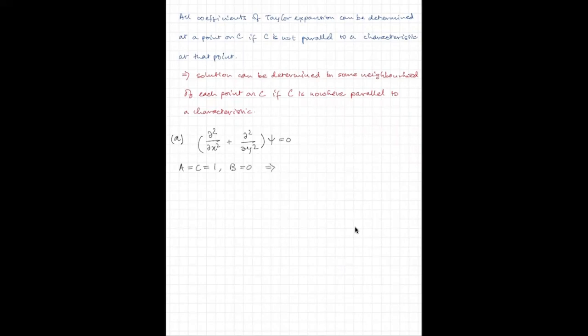So B squared minus AC is equal to minus 1. That means this is an elliptic equation, as you can understand.